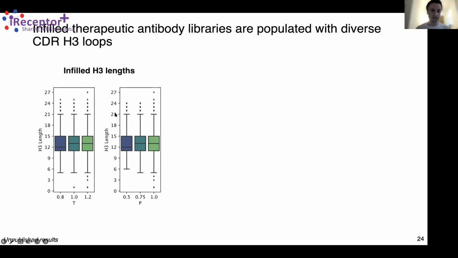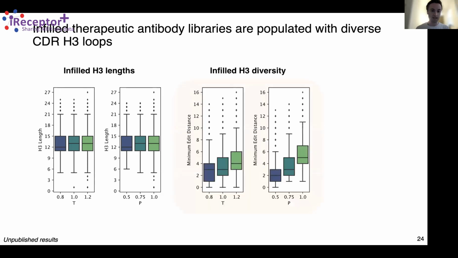So the model always predicts loops of similar lengths. What we do see diversity in is the content of those loops. So as we increase the sampling temperature and the nucleus sampling probability, you get more and more diverse sequences. Here we're measuring, for the generated loops, how similar they are to the closest neighbor within that set of generated sequences.